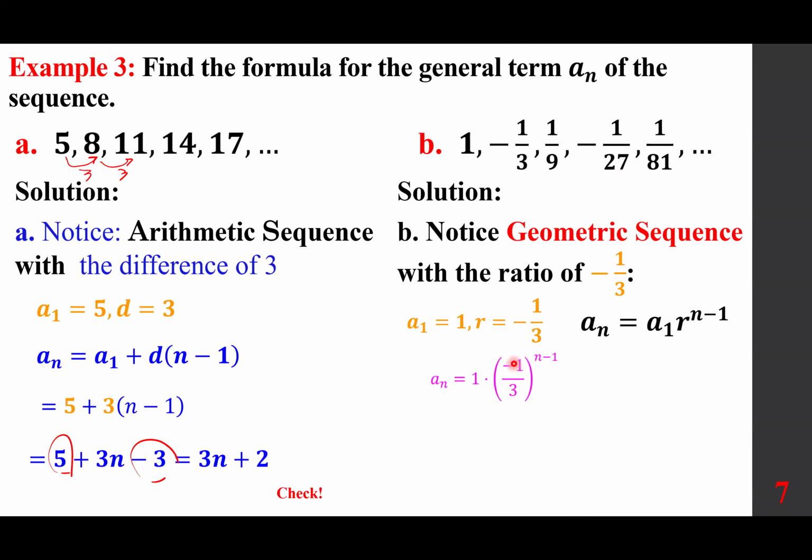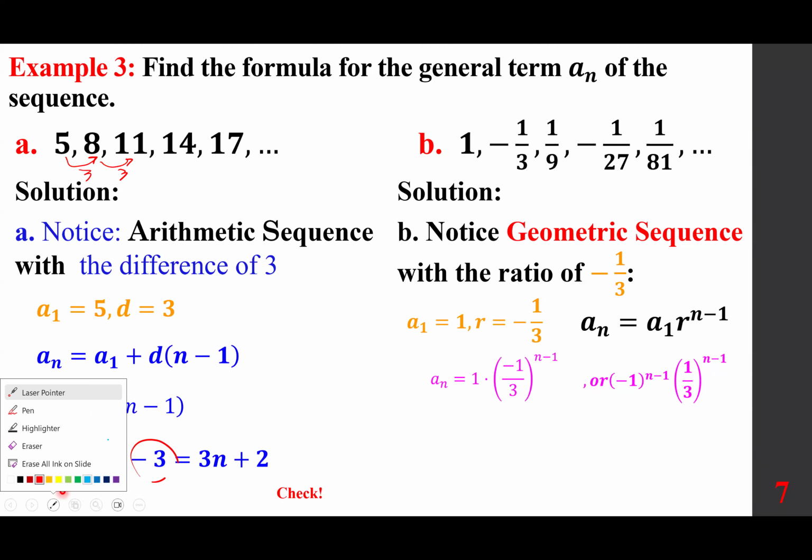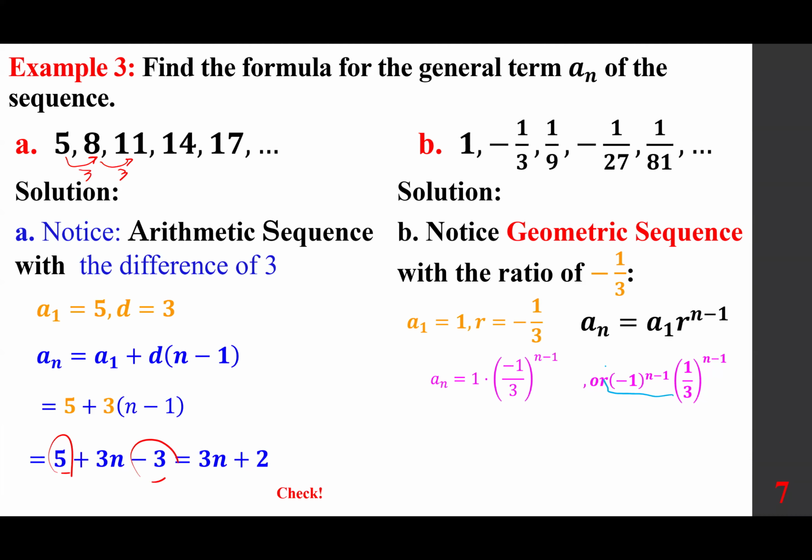We separate the negative sign always by doing the following, everybody. So we're going to say negative 1 to the power of n minus 1 times 1/3 to the power of n minus 1. And here's the reason. This piece in front creates the alternating sequence. Now, it either starts with positive and then negative, positive, negative, or it starts with negative and so on.